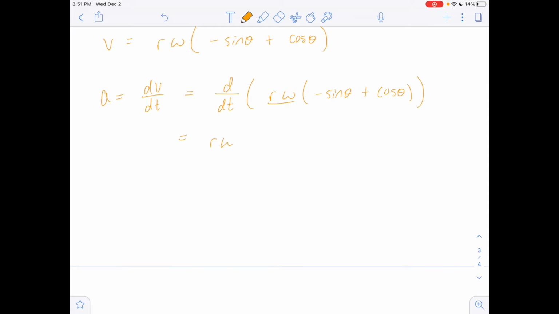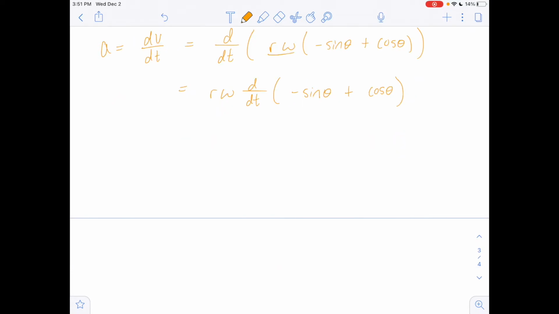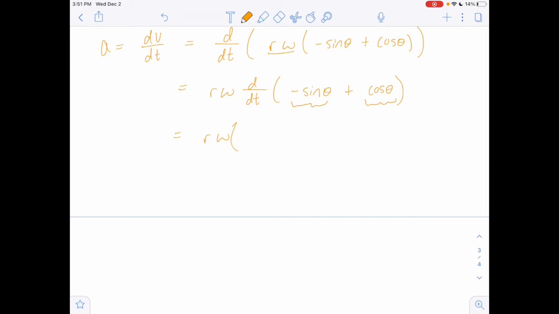So we're going to have r times omega d by dt of negative sine theta plus cosine theta. And so now we're just going to be taking the derivative of negative sine theta and then the derivative of cosine theta. And so we're going to get r times omega. The derivative of negative sine theta is going to be negative cosine of theta times the derivative of theta with respect to time.